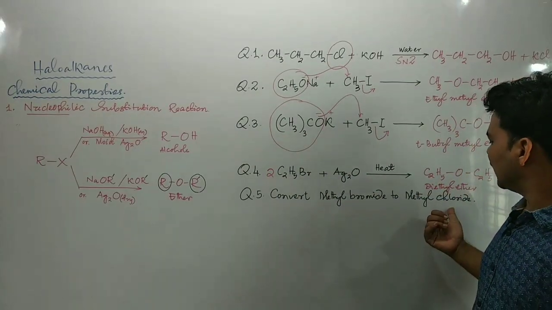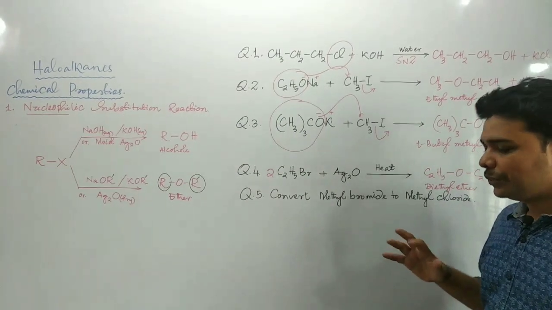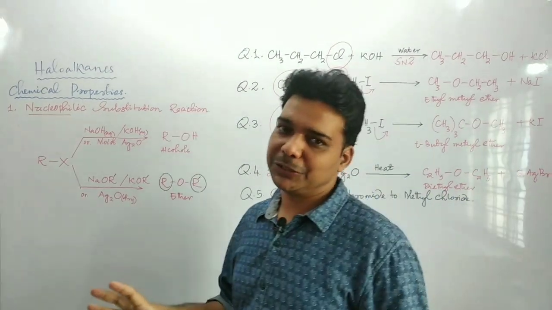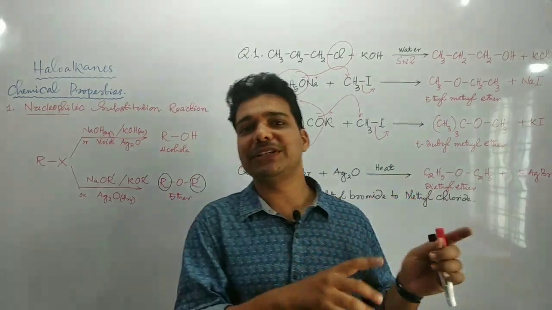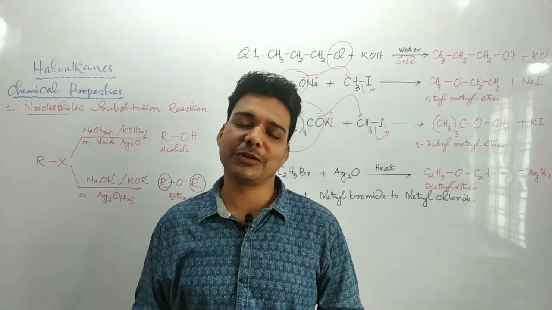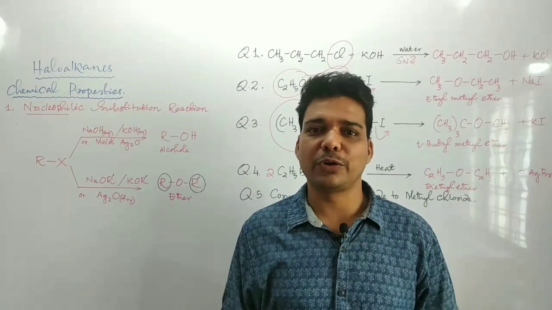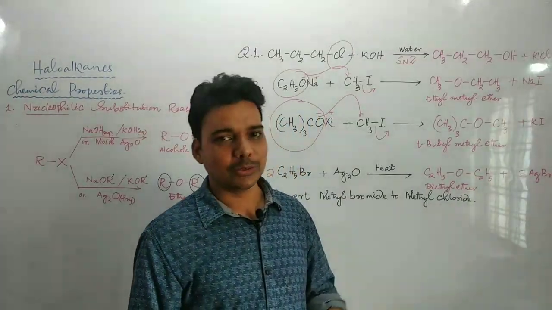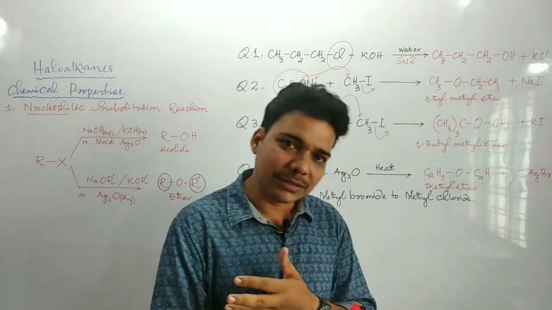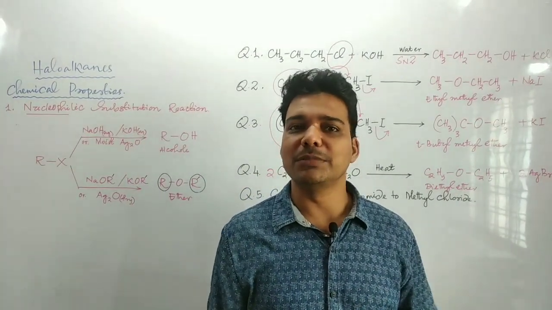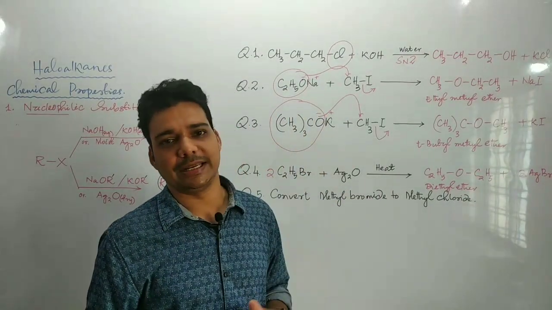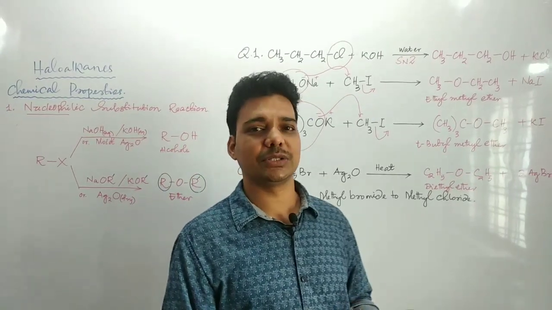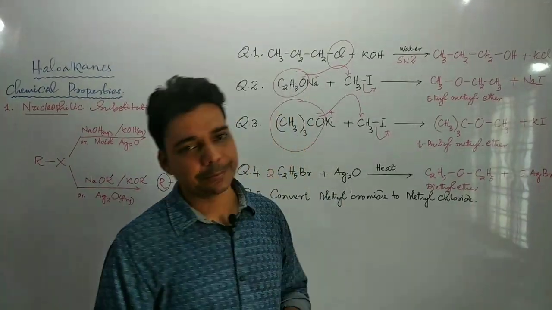But we need alkyl chloride here, so we cannot think about the Finkelstein reaction. Then the Swarts reaction was basically meant for the preparation of alkyl fluoride from other alkyl halides. But here we need alkyl chloride. That's why here also we cannot think about the Swarts reaction. Neither the Finkelstein reaction nor the Swarts reaction is to be used here.